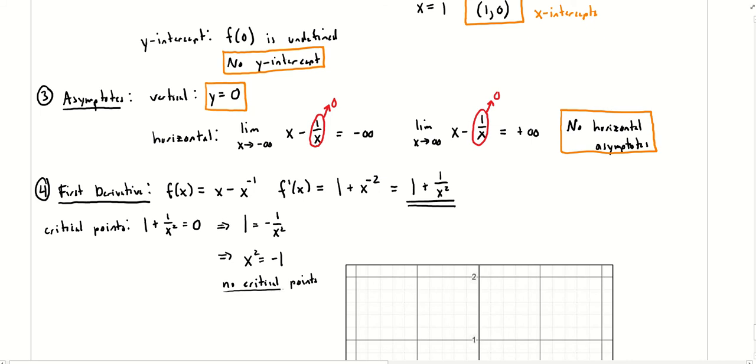So there are no critical points that could possibly be extrema.